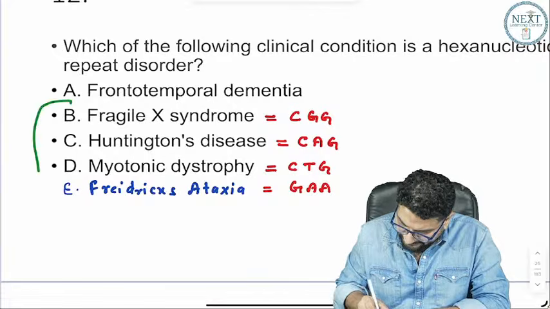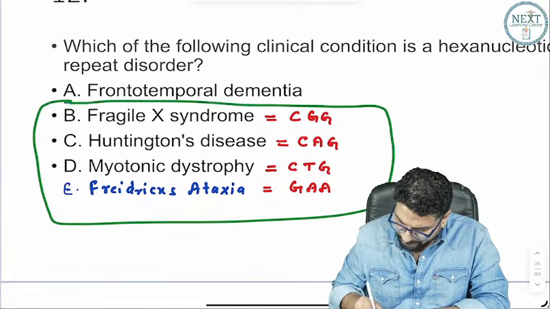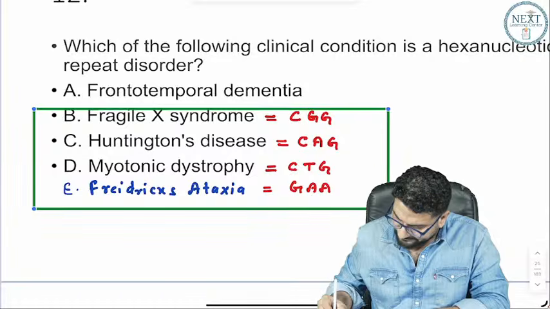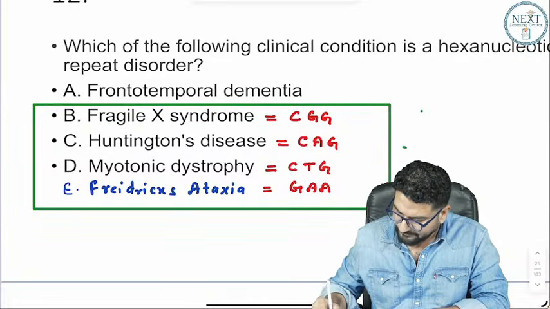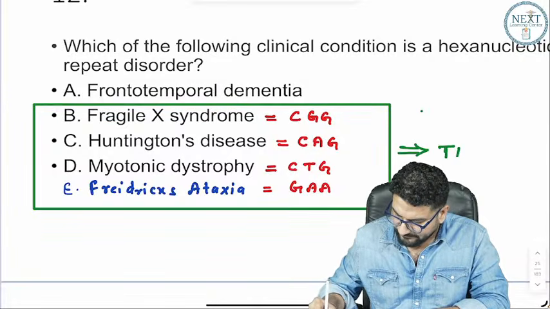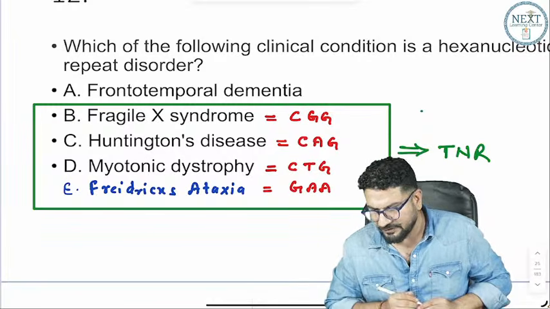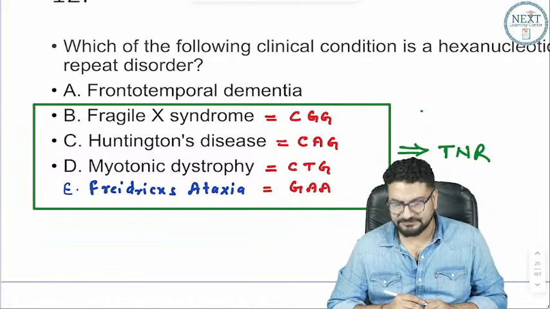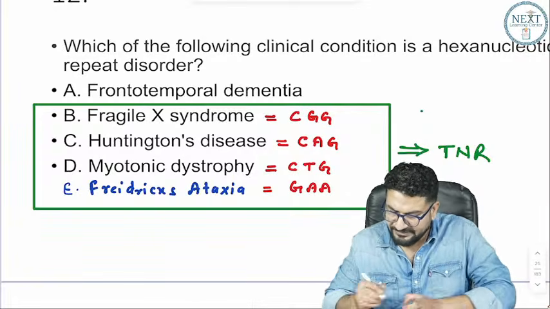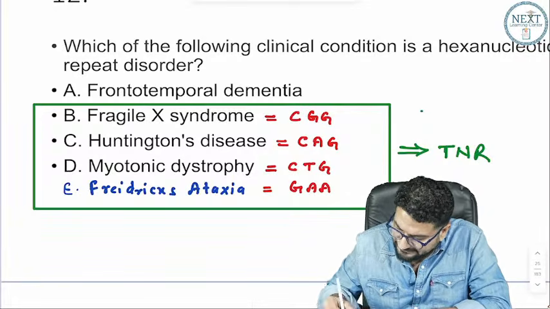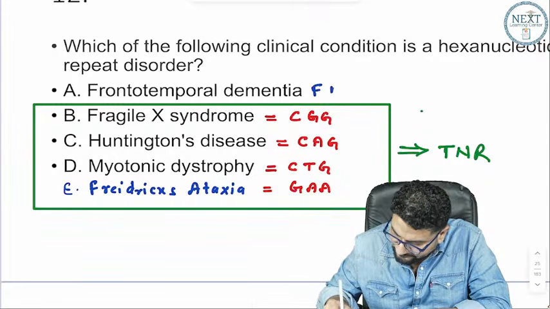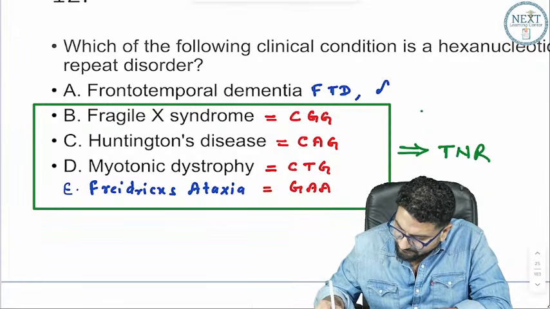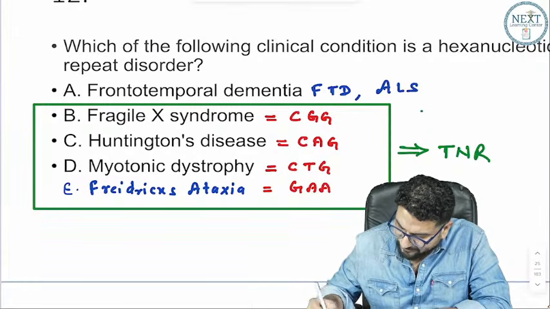Understand? In these four conditions you will find trinucleotide repeat. What do we call them? We call them TNR. TNR means trinucleotide repeat. Done? So CGG, CAG, CTG, GAA. Now frontotemporal dementia, in short we call this FTD. And there is one more condition called ALS. Anyone remember what is ALS?